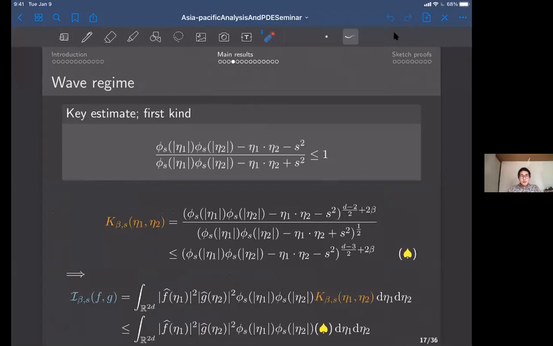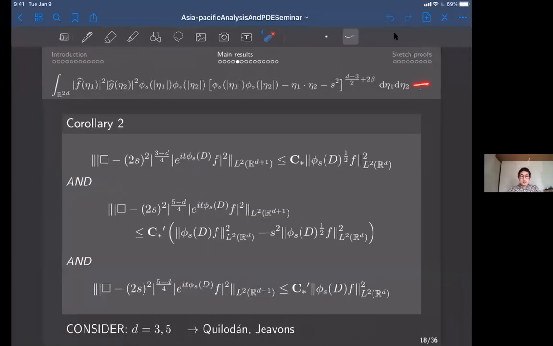The first way is using this key estimate, this one. Then you can kill this denominator, and consequently the numerator has a 1/2 smaller power here. Then this goes to here and here, so that we get this. So this is the kind of kernel now.